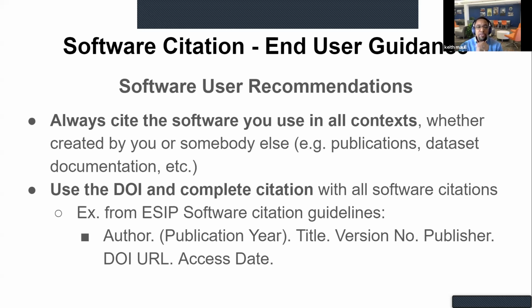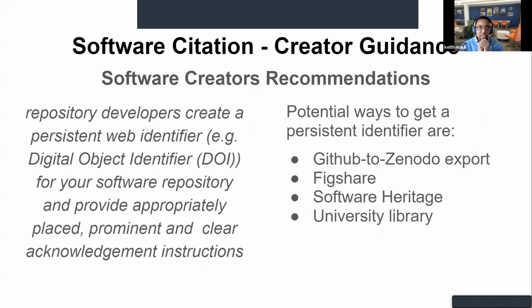So for creators, right, what we want is you, the creator, need to make sure that you are providing the DOI in a way that is obvious, and in a way that an end user cannot miss seeing the DOI, and that the end user can't miss seeing the citation of the work, right?